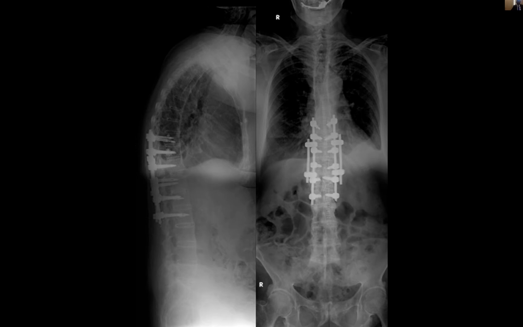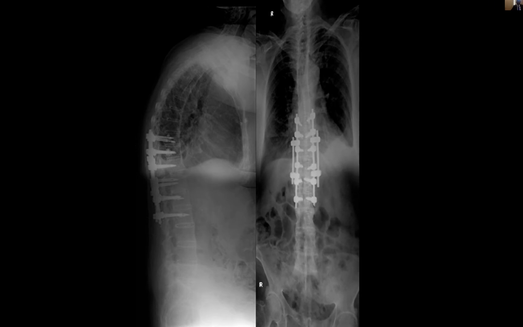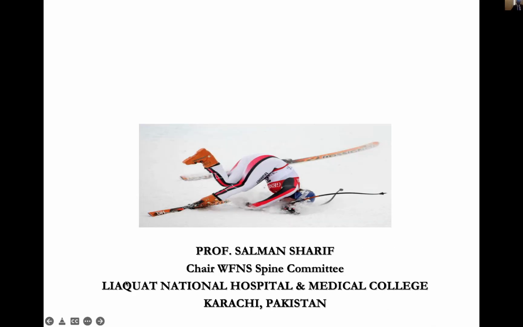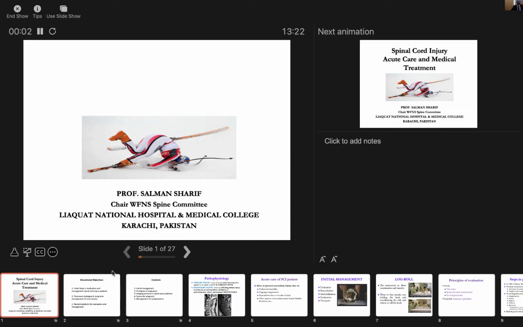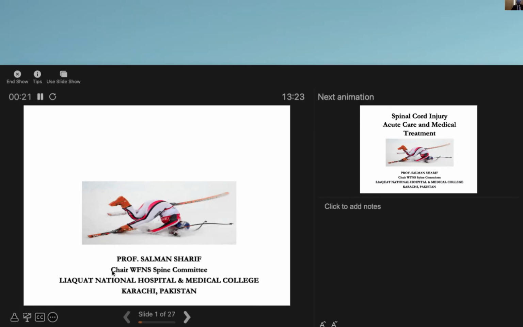Yes, type what? You can use that. Okay. Because the pointer will not. Can you change full screen? Yes, you can change here.